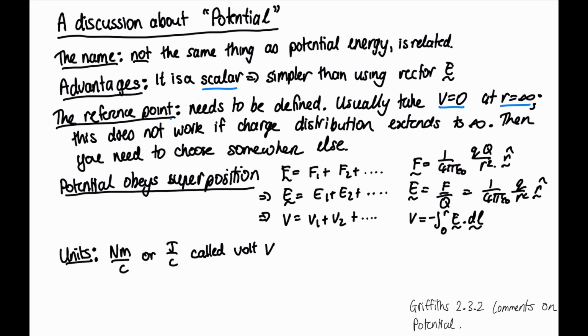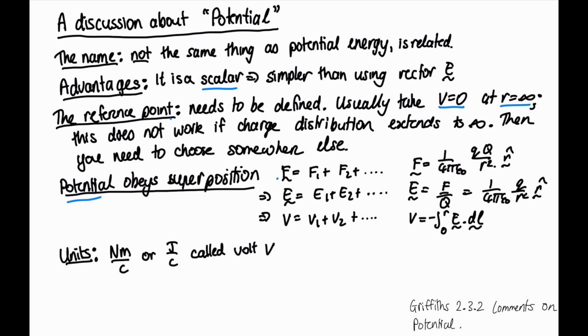For example, if we have a charge distribution that extends out to infinity, then this isn't going to work. It's going to blow up. So then we need to choose somewhere else which is sensible for that problem. So be really careful when you're solving problems with potential that you think carefully about where your zero point is.